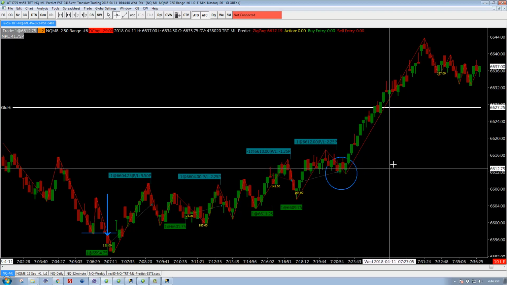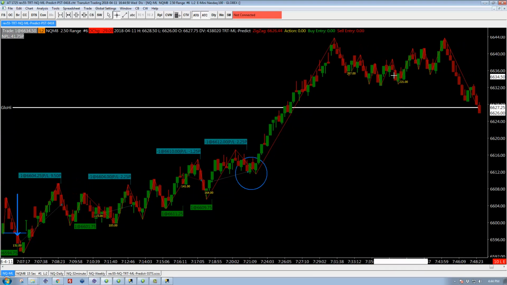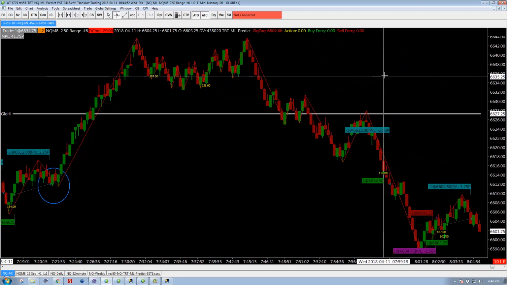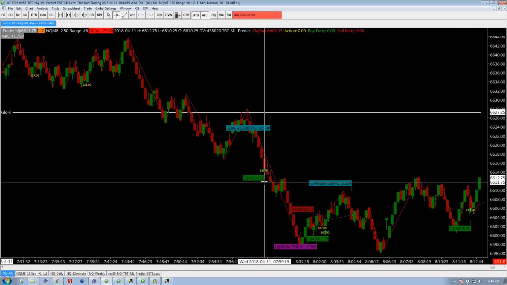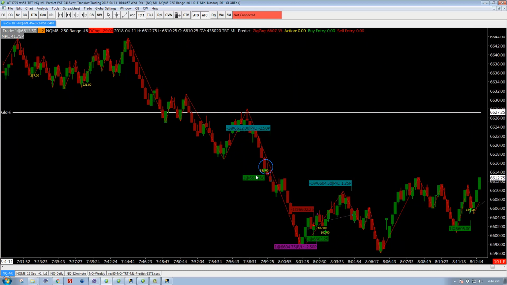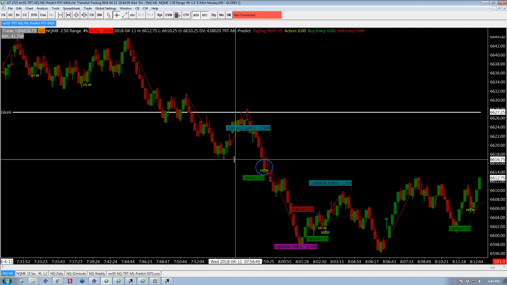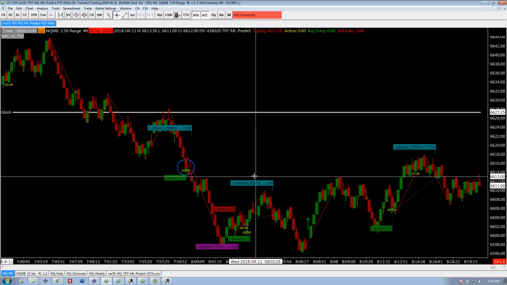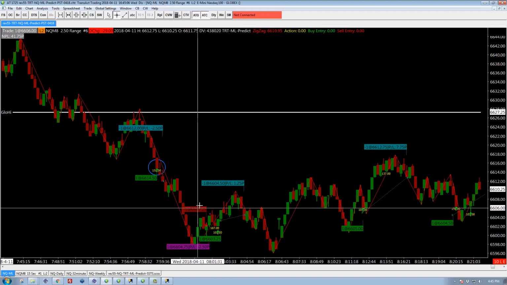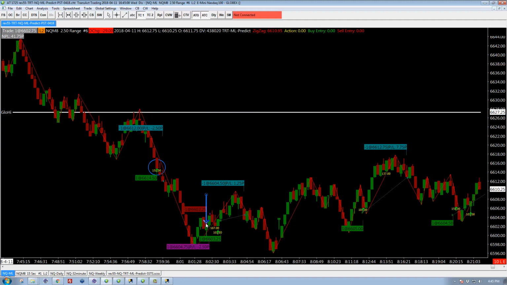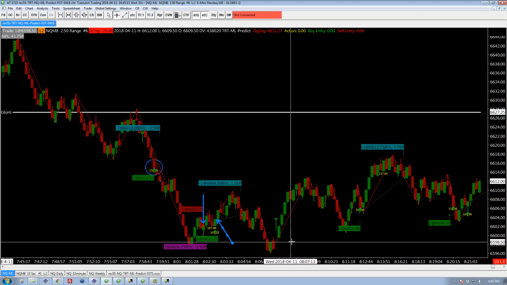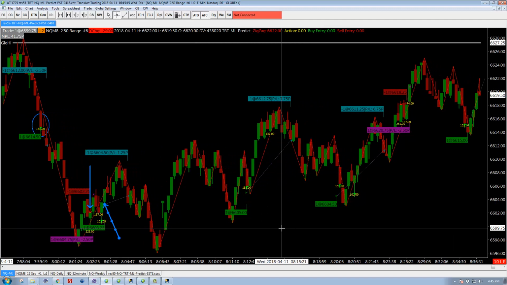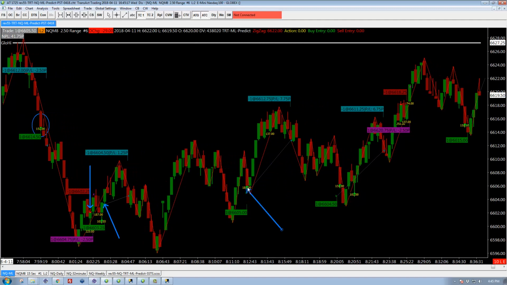So let's continue here. Stay out of the chop nicely here. And then try to get long here on a predicted failed breakout short. That's just wrong, right? So we take our 10 ticks there. And then looking for continuation short here, which gets stopped, and then you immediately turn around and get long for a small gain. Get long here on a failed pullback short for a nice gain.